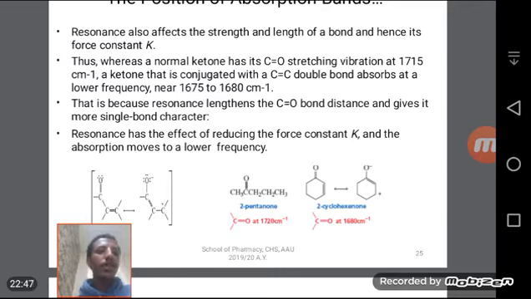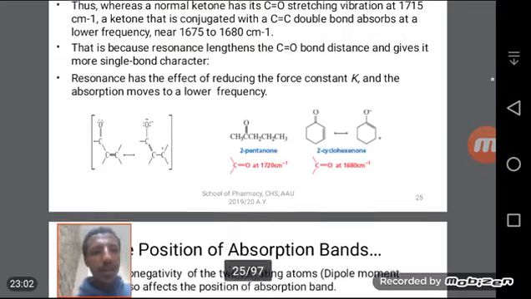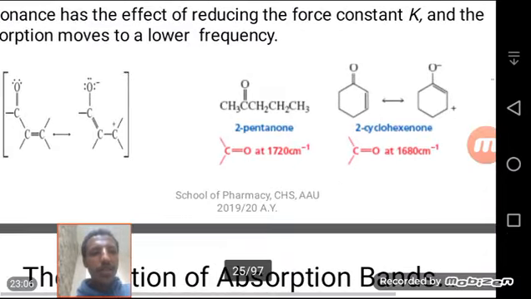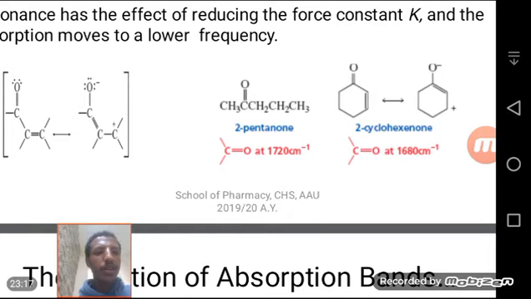As the force constant increases, the frequency of the absorbing molecule also increases, because force constant and wave number are directly proportional to each other. As we see from 2-pentanone, there is only a ketone group that absorbs at 1720 per centimeter.